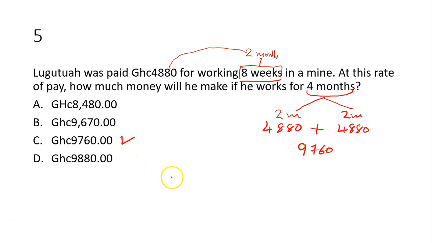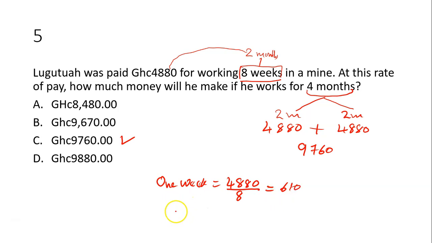Another way of doing this is you find the rate for 1 week. So 1 week should be equal to 4,880, the amount you take, divided by 8 weeks. Since you earn 4,880 for 8 weeks, then 1 week will be 4,880 divided by 8 weeks. So that will give you 610 cedis.